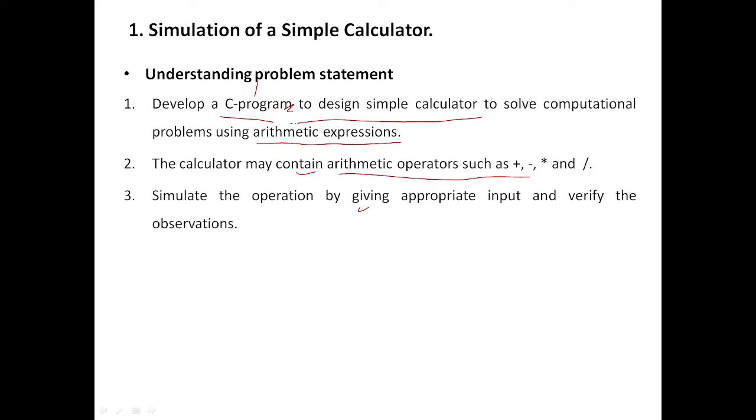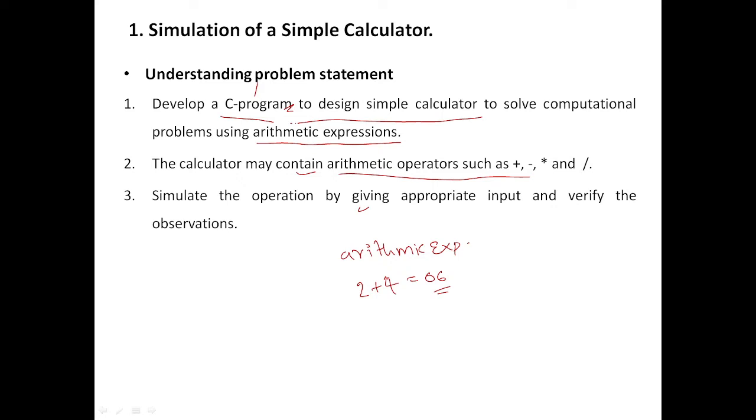Here we have to give an input as an arithmetic expression, right? Say, for example, if I give an arithmetic expression as 2 plus 4, then the addition has to be performed and the result has to be displayed on the screen, right?